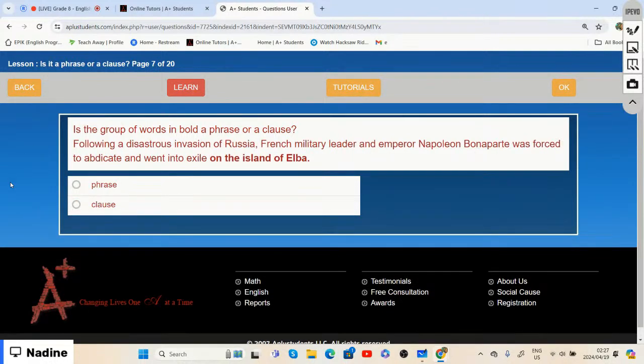Following a disastrous invasion of Russia, French military leader and Emperor Napoleon Bonaparte was forced to abdicate and went into exile on the island of Elba.